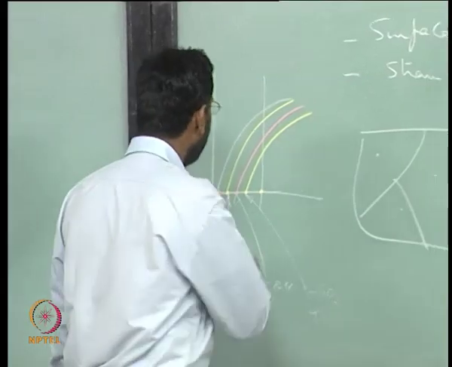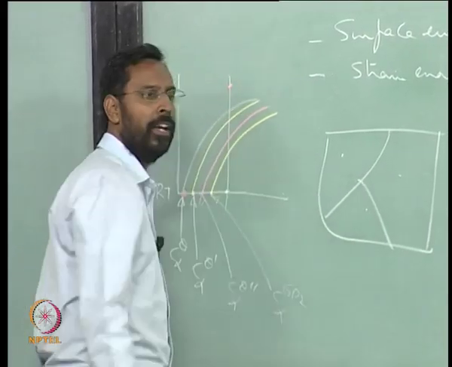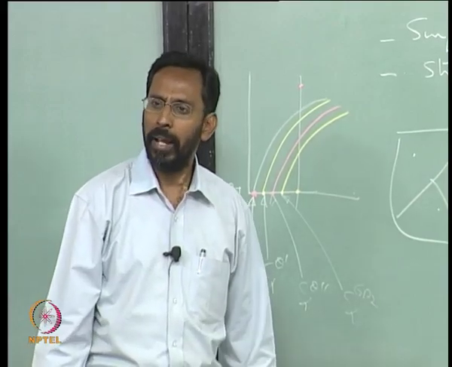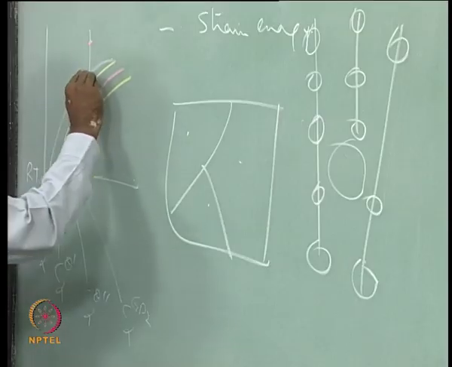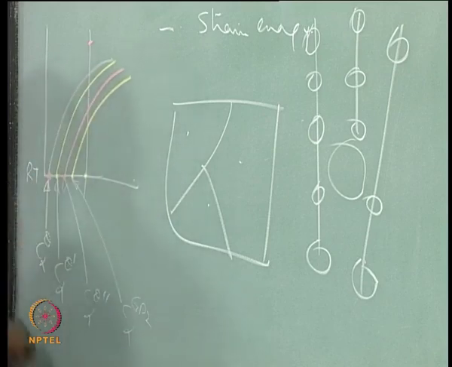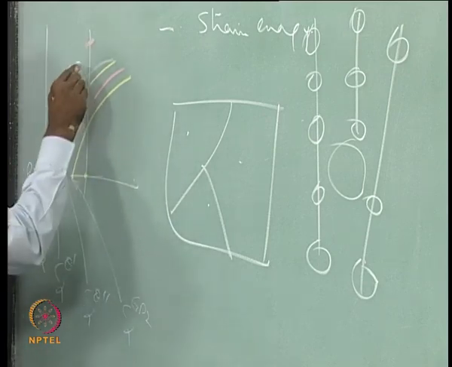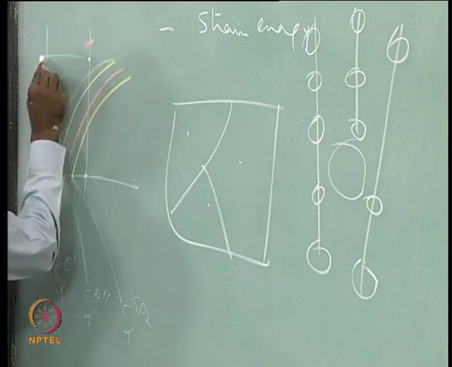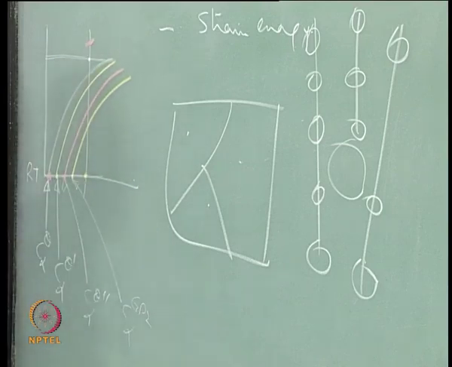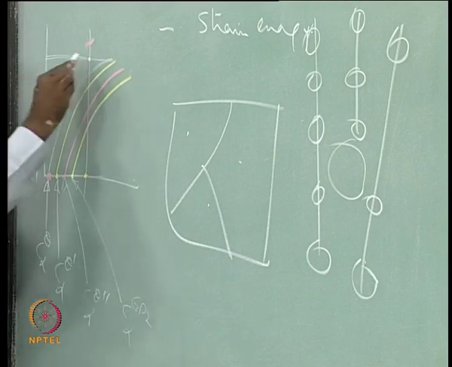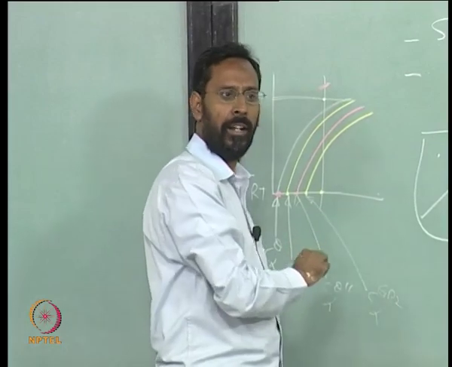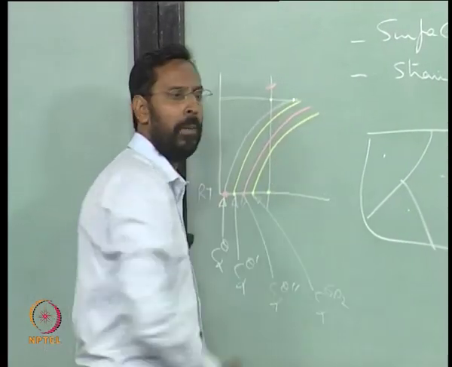For example, if I take this alloy, heat it to this temperature, keep it there, will a precipitation take place? No. Why? Because at that temperature, if I draw a horizontal, my alloy composition has less solute content than the solubility limit.